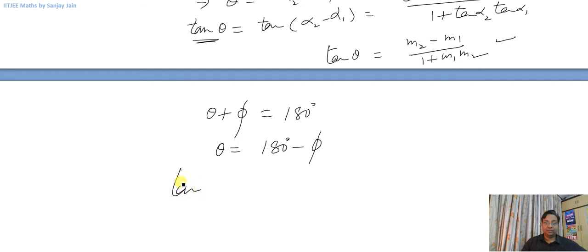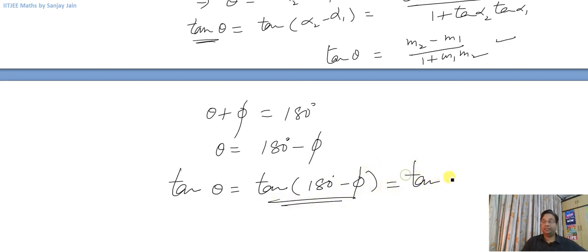So tan of theta will be nothing but equal to tan of 180 minus phi. And tan of 180 minus phi can be written as minus tan phi, right? So tan phi is the negative of tan theta.